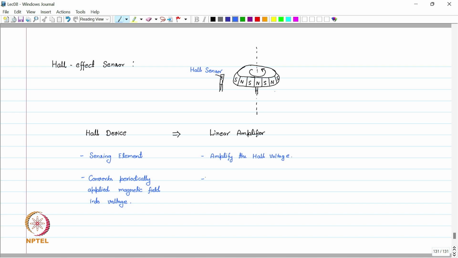For this purpose we can use the very well known common emitter amplifier configuration.